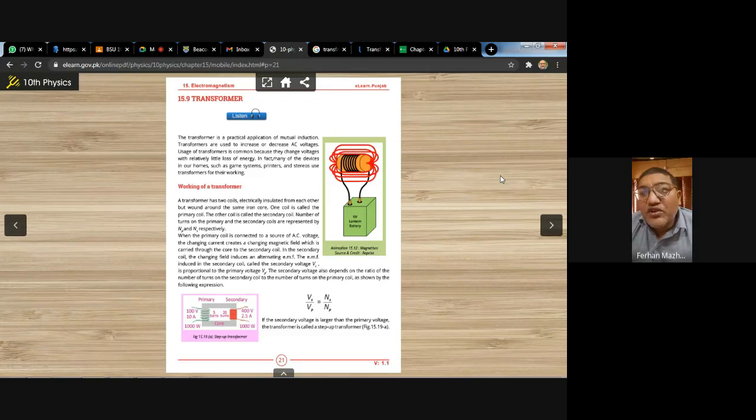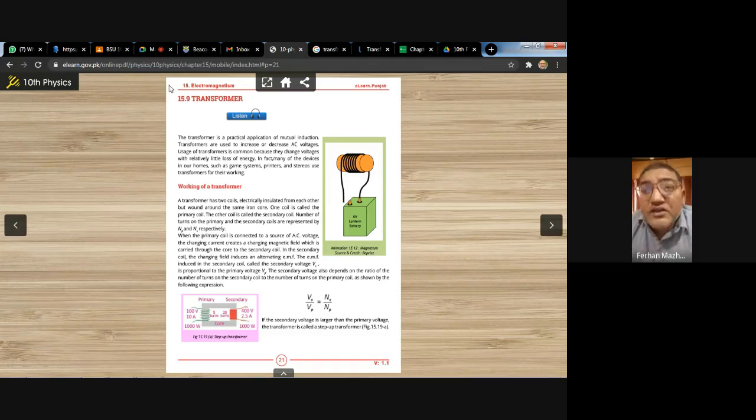The secondary voltage also depends on the ratio of the number of turns on the secondary coil to the number of turns on the primary coil, as shown in the following expression. So remember, Vs by Vp, never forget this equation. Vs by Vp is equal to Ns by Np.